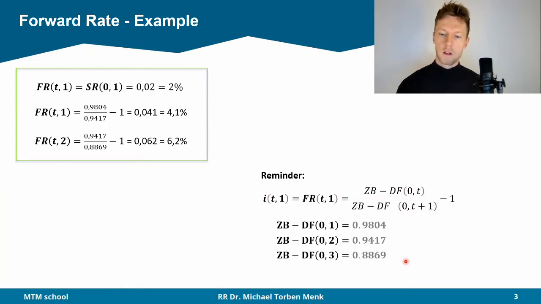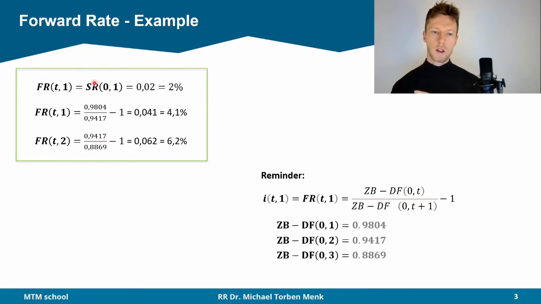I calculated the zero bond discount factors from an example from a normal yield curve that can be seen at the market. And therefore you have these 3 zero bond discount factors, and you just put them into the formula for the forward rate from 0, so from today, to 1 year in the future. It is logically the so-called spot rate, meaning that the spot rate is the interest rate that is now seen at the market.